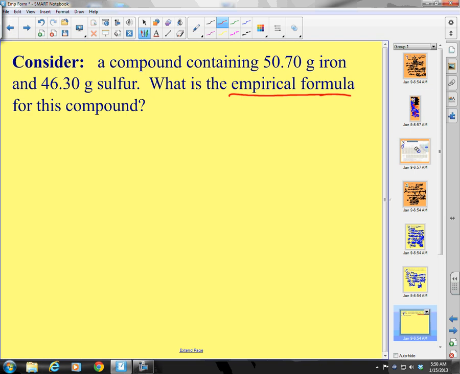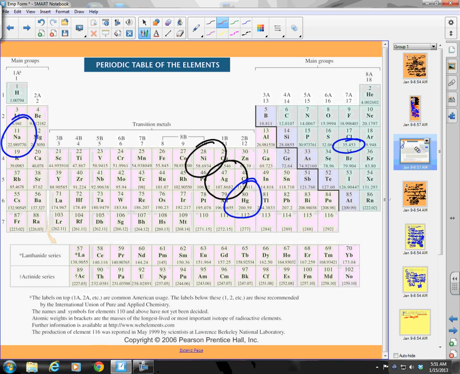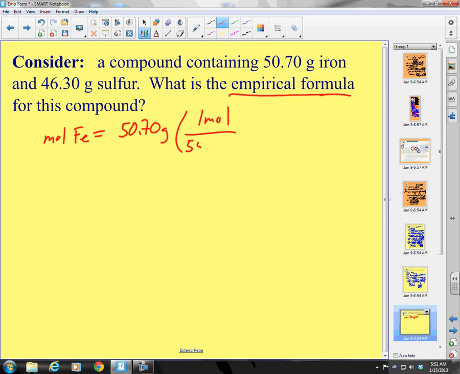I have a compound, 50 grams. Okay, what do I have? Iron. So I know I have 50 grams of iron. I want moles of iron. So I'm going to take 50.70 grams of iron times 1 mole per... let's go to our periodic table. And where's iron? 55.85 grams.